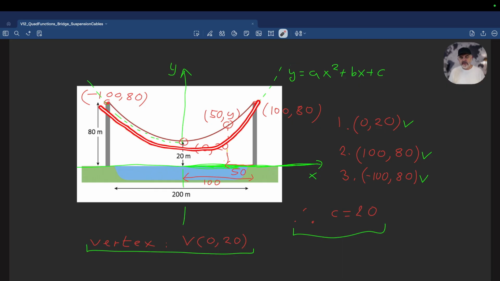This is the quadratic function that we have to establish its equation and some other points like 50 meters from each tower. How, for example, 50 meters measured from this tower, and you say how high is the cable above the water surface. Or from this end, 50 meters, what is the height of the cable above the water.